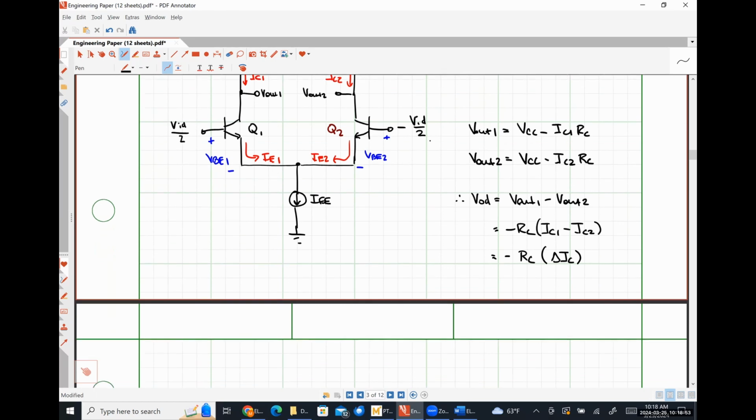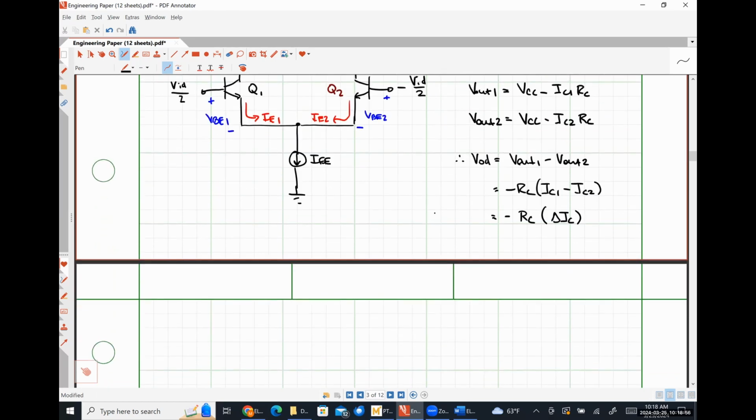So I can say that my input differential mode voltage over 2, VID over 2, so that's the potential between here and ground, just to be very, very clear, is going to be equal to the voltage drop VBE1 minus the voltage VBE2 minus VID over 2. Are we okay with that?